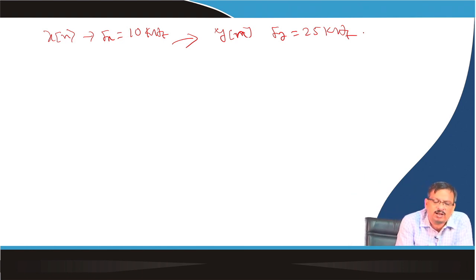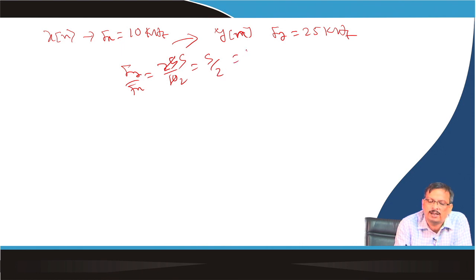So in that case, what will I require? I know Fy by Fx is equal to 25 divided by 10, which is nothing but 5 by 2. So I by D: I is equal to 5 and D is equal to 2. So I know this is my x of n.